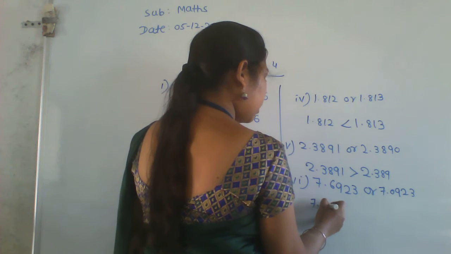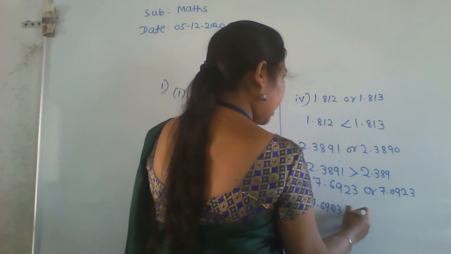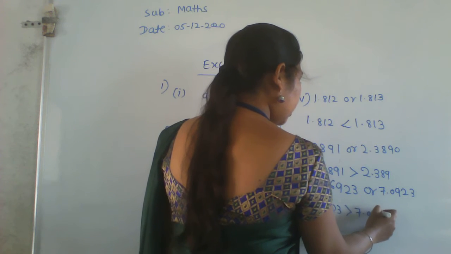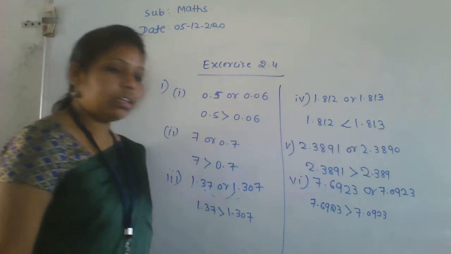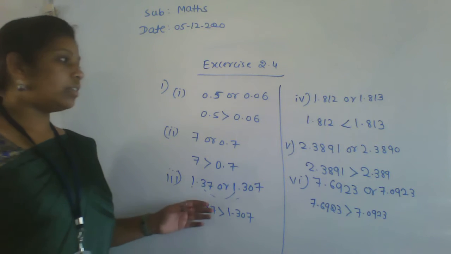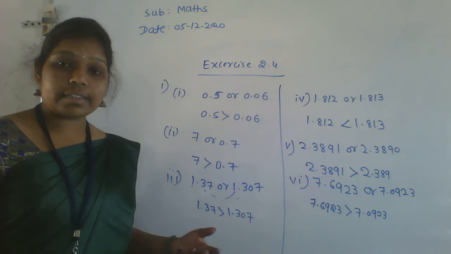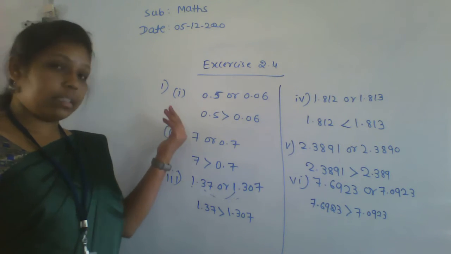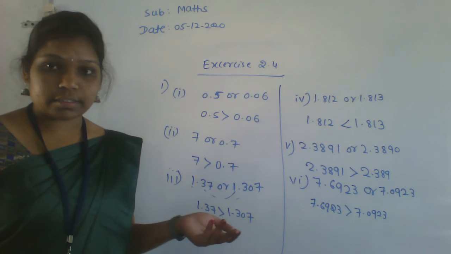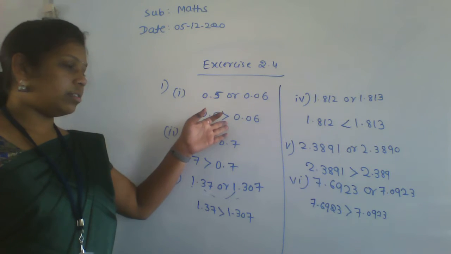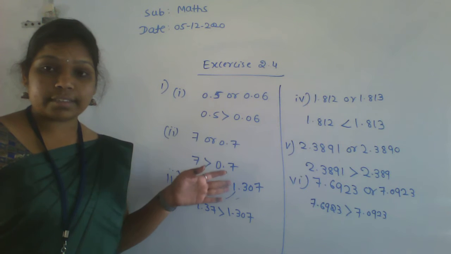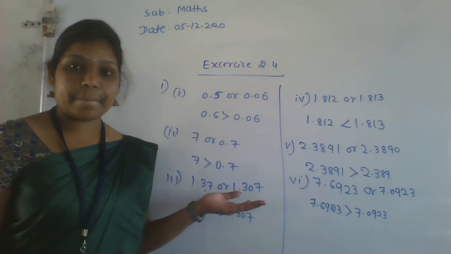So 7.6923 is the greater number. This is the lesser number. Like this you have to write. Or else in words also you can write: this one is the greater and this one is the smaller. Otherwise, use the symbols. Less than or greater than symbol you can write.